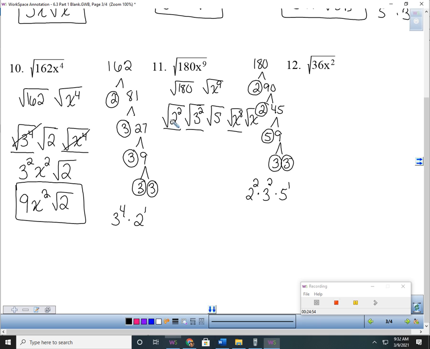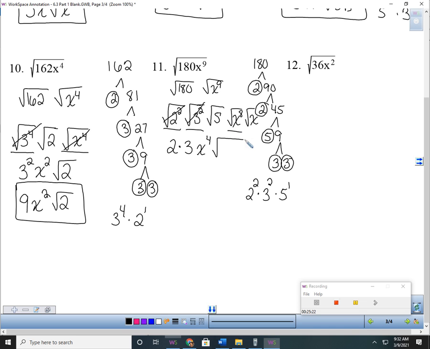What is the square root of 2 squared? 2. All right. Then we have the square root of 3 squared. That is 3. And then if you want to mark them off as you go. And then the square root of x to the 8th is x to the 4th, because I just take the 8 and divide that by 2.